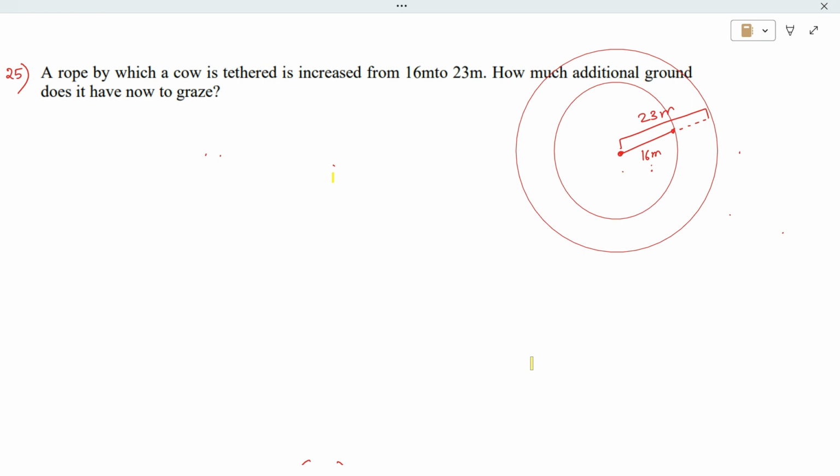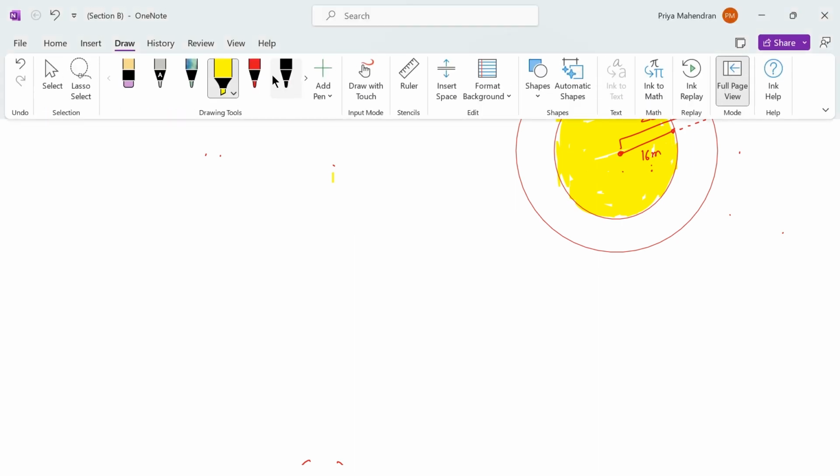So you know the cow can graze the field of this area for radius 16 meter, isn't it? So I'm shading that area. Now the radius has been increased to 23 meters, which means it can graze extra area, that is the circle which I mentioned as an outer layer, isn't it? It can include this yellow space as well as the blank space, isn't it?